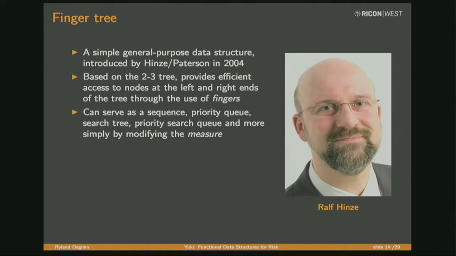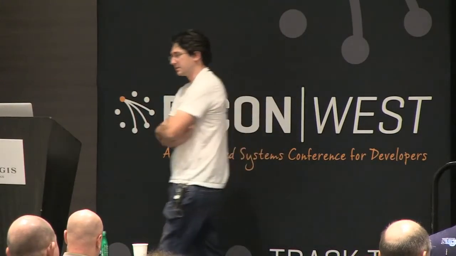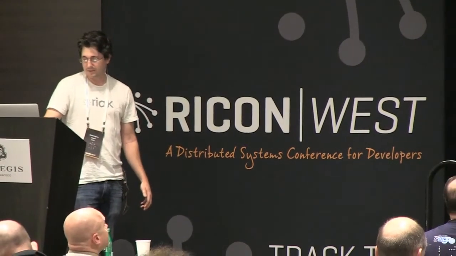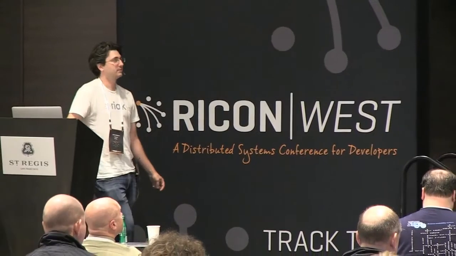And it's sort of a general purpose data structure in that, depending on the annotation that you put on each of the levels of the tree, it can serve as a priority queue, search tree, interval tree, all sorts of cool things. So it's sort of ideal for implementing other data structures. And actually, it is what the sequence data type in Haskell is implemented with.